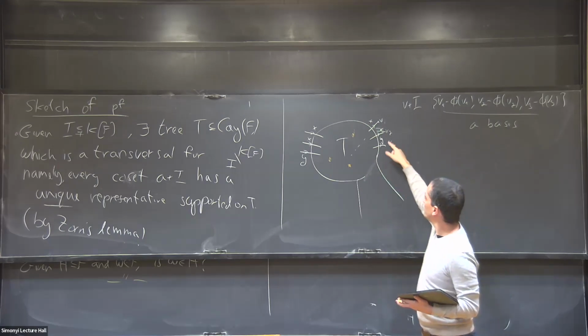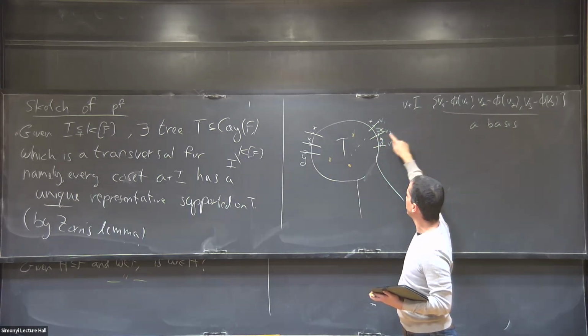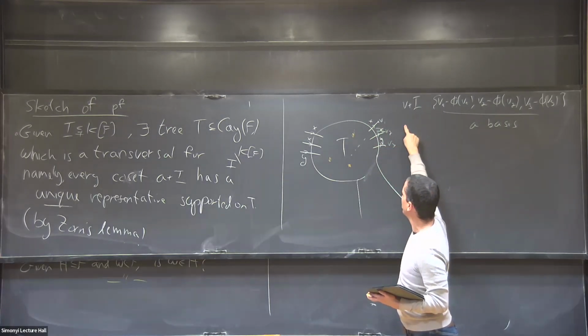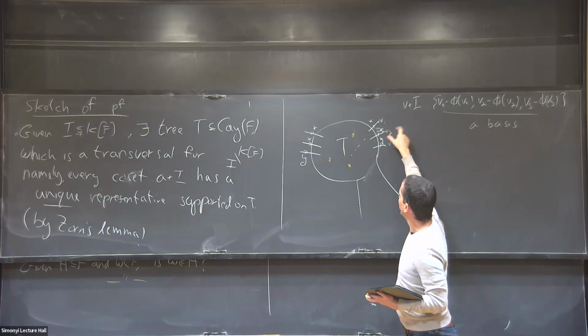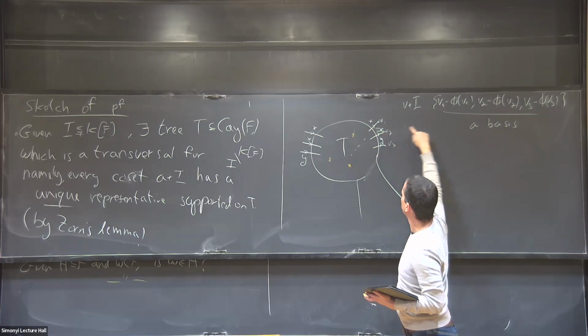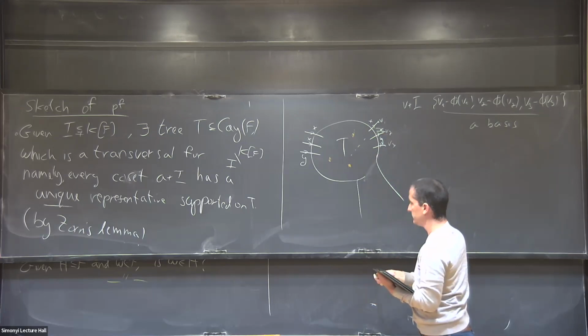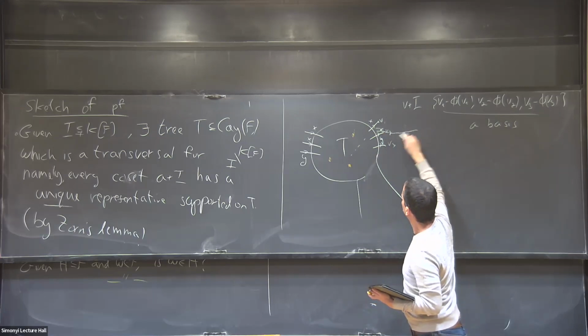You can use these trees: once every point is out here, you can shorten it by using this relation.